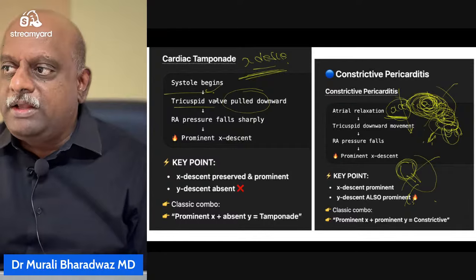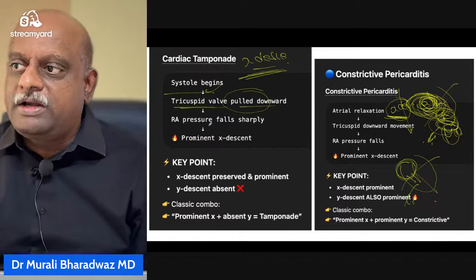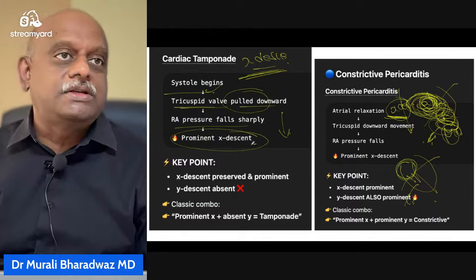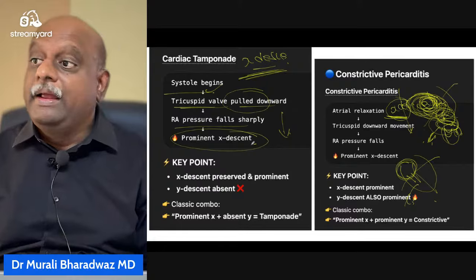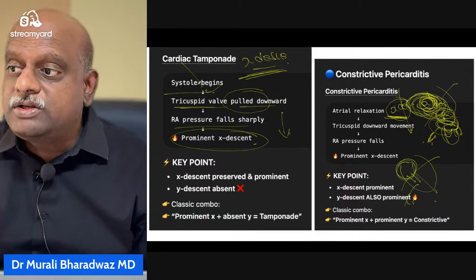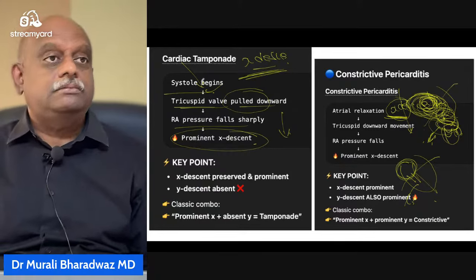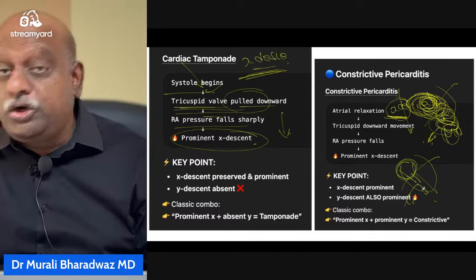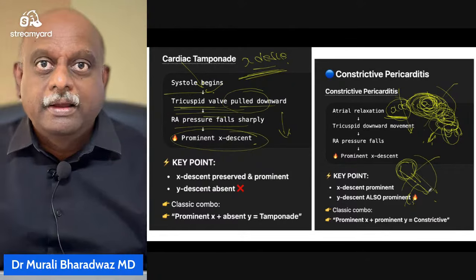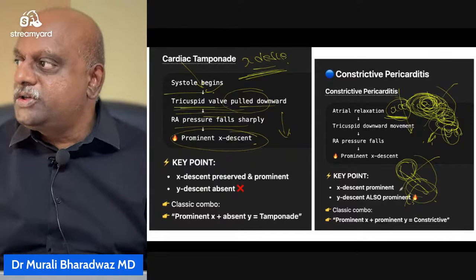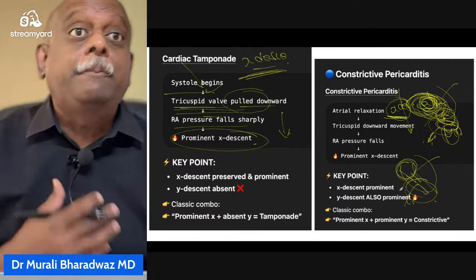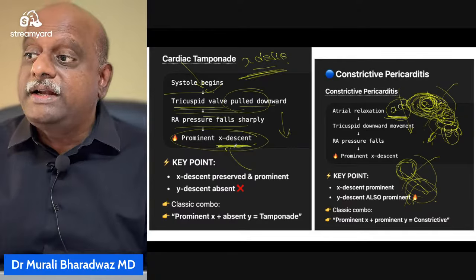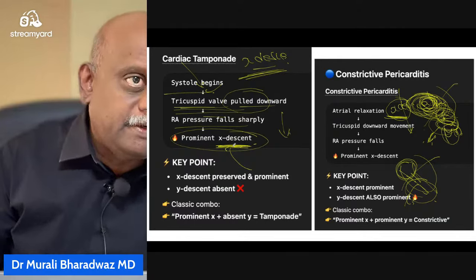So systole begins, the tricuspid valve is pulled downwards, and RA pressure will fall, and that leads to the X descent. Right? So in cardiac tamponade, this tricuspid valve getting pulled down during systole will be very prominent, and that's the reason the X descent is very prominent.